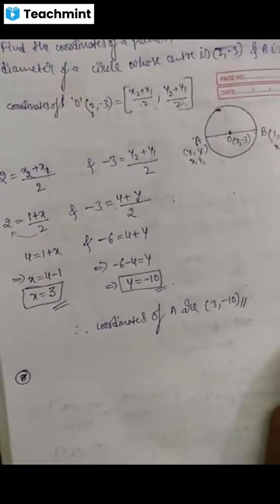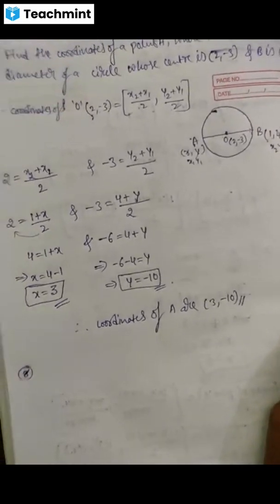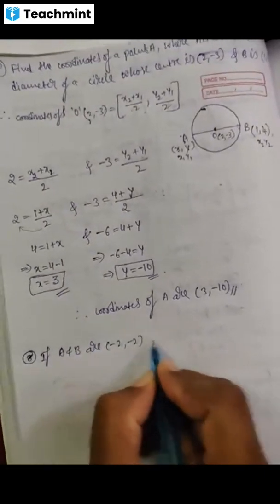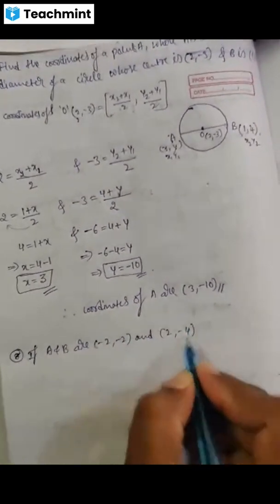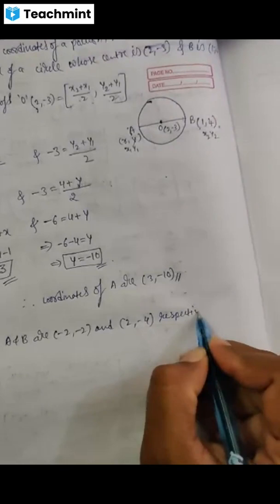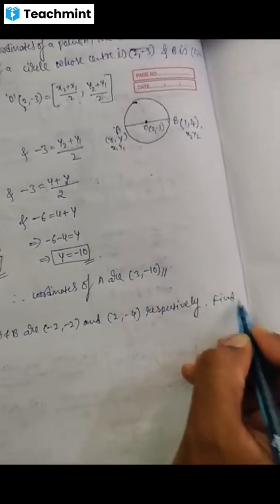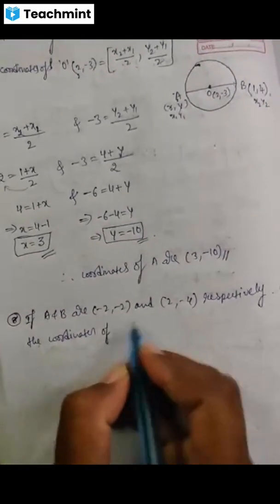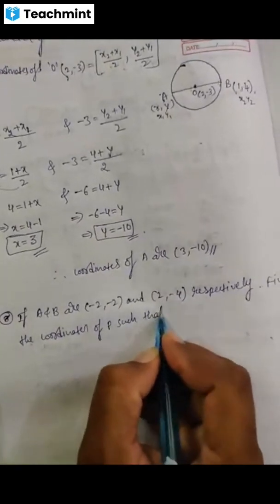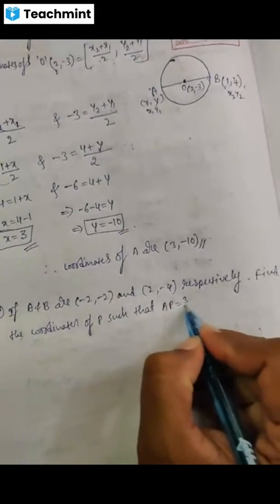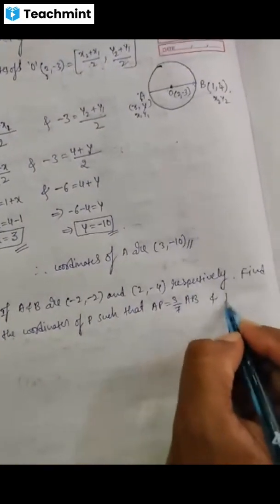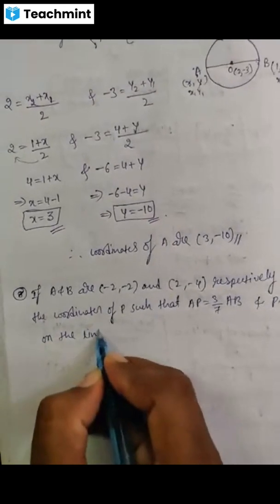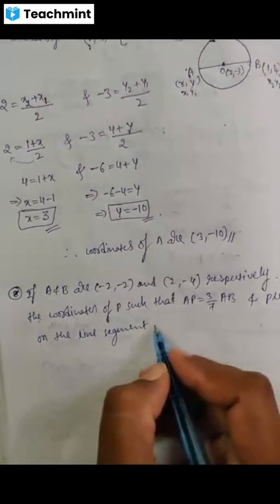If A and B are (-2, 2) and (-4) respectively... find the coordinates of P such that AP is equal to 3/7 AB and P lies on the line segment AB.